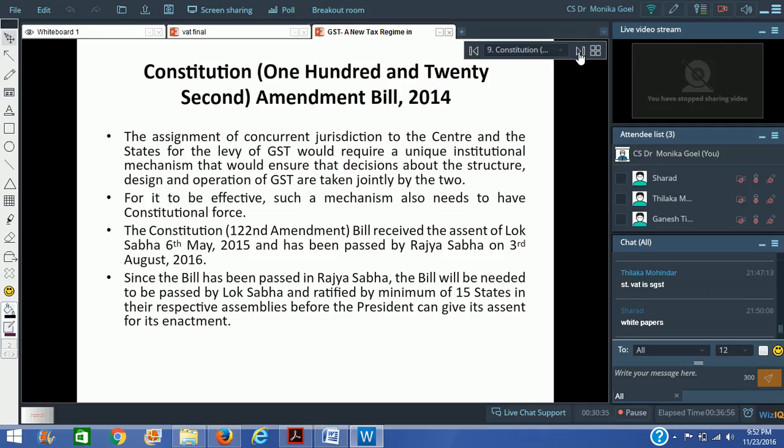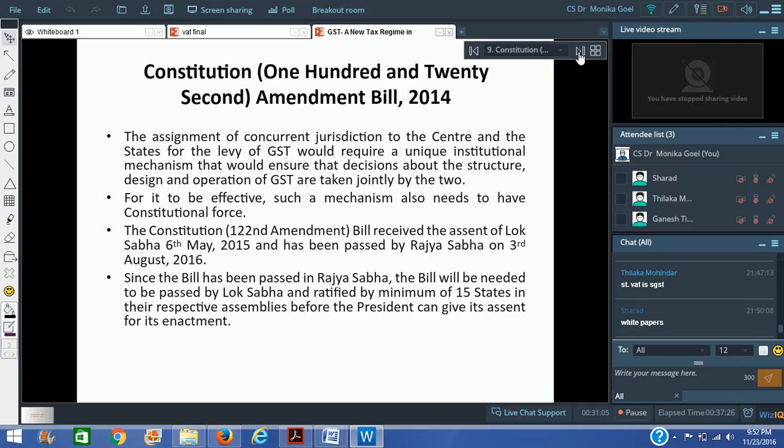Before the President's assent, it was required that a minimum of 20 state governments should pass this constitutional amendment bill, the GST bill. Once 20 state governments, and more than that, passed it, the bill was signed by the President, and now it has become the Constitution 122nd Amendment Act 2016.